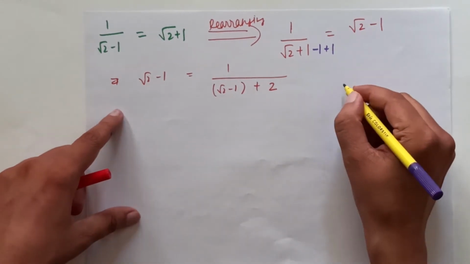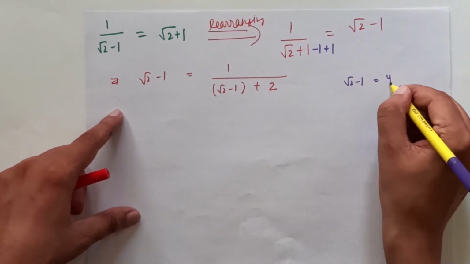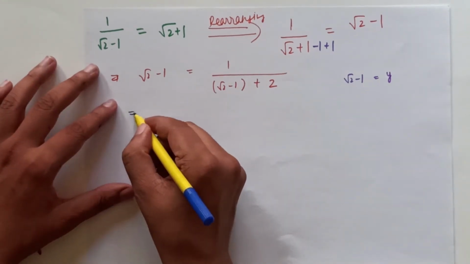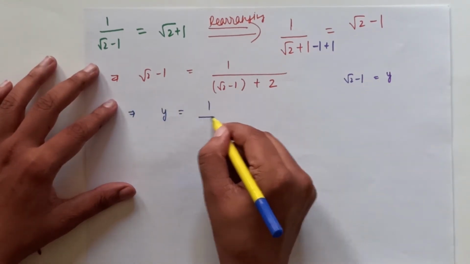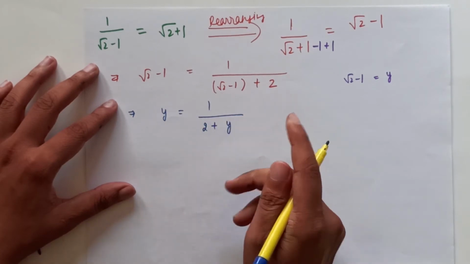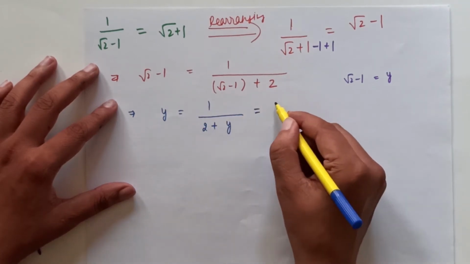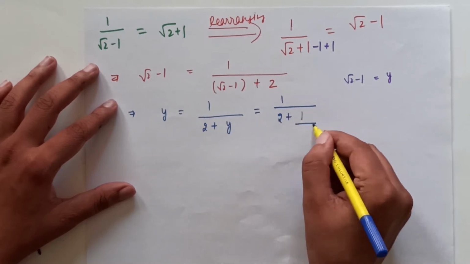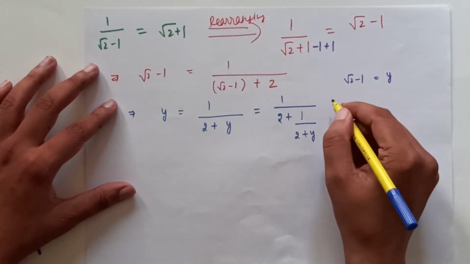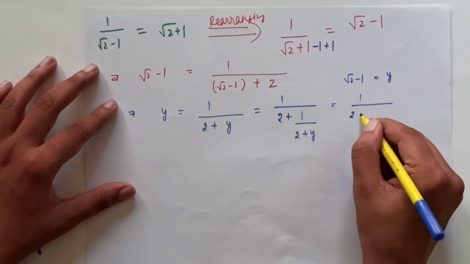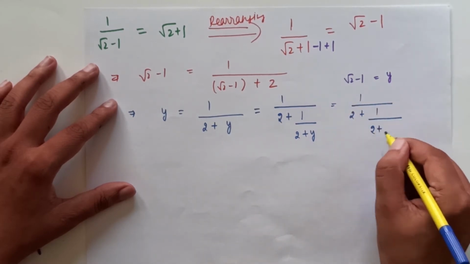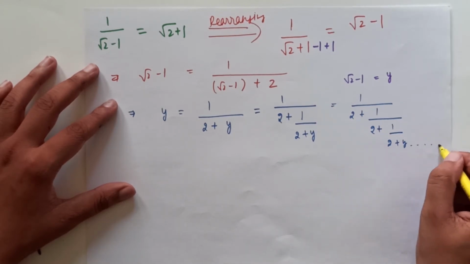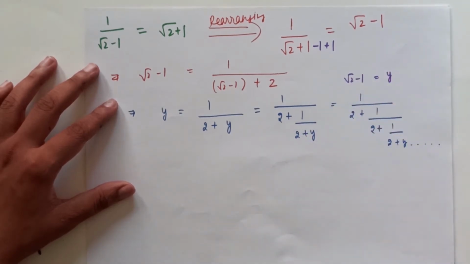Let's say root 2 minus 1 is y. Therefore, the above expression can be converted to y is equal to 1 over 2 plus y. Now substitute y again in this expression, we will get 1 over 2 plus 1 over 2 plus y. Again substitute y, we will get 1 over 2 plus 1 over 2 plus 1 over 2 plus y. And if we keep substituting, this sequence will continue forever.